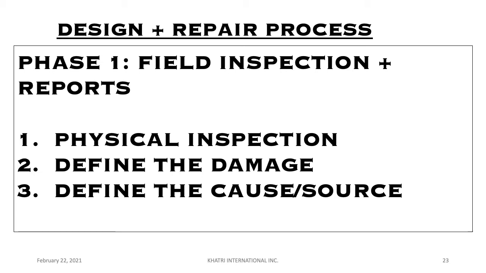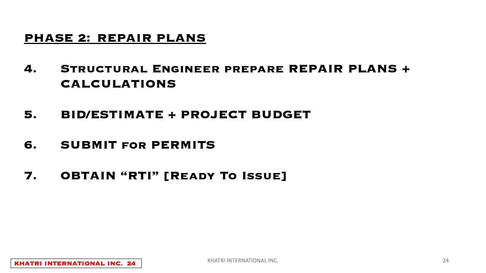If we find damage, we define it and explain where that damage is. We will then define the cause and the source of the damage, and that's your phase one, to determine if there's a problem. If there is a problem, then we have to do either a repair or further inspection. Phase two is to actually prepare plans.